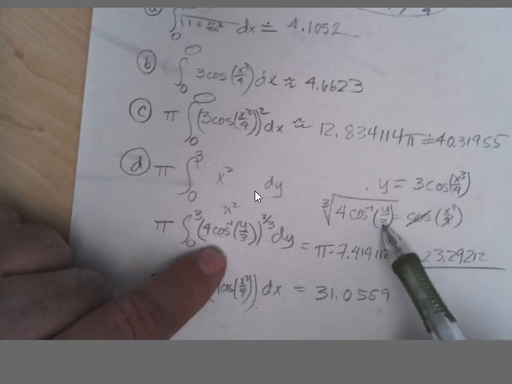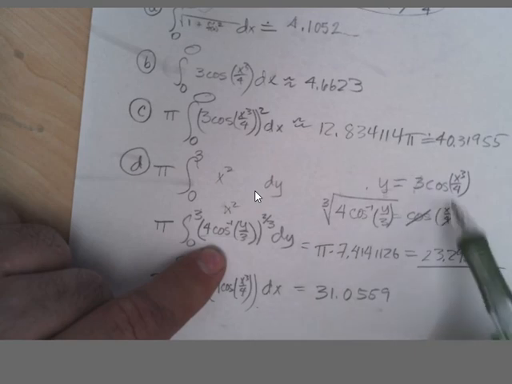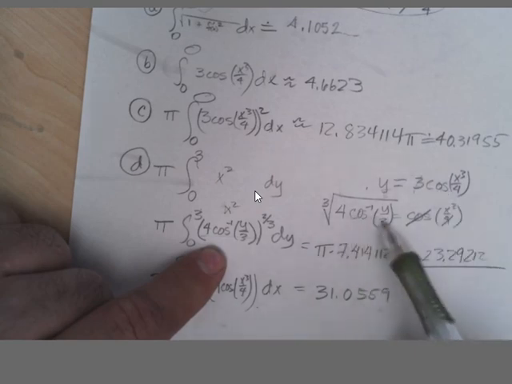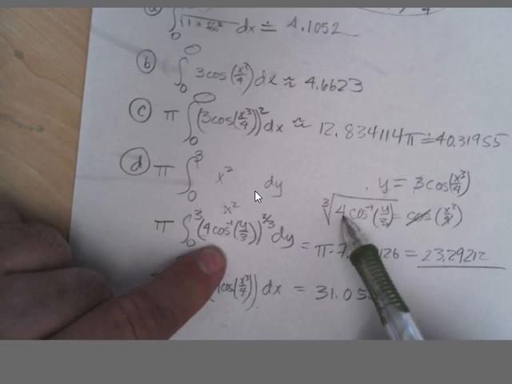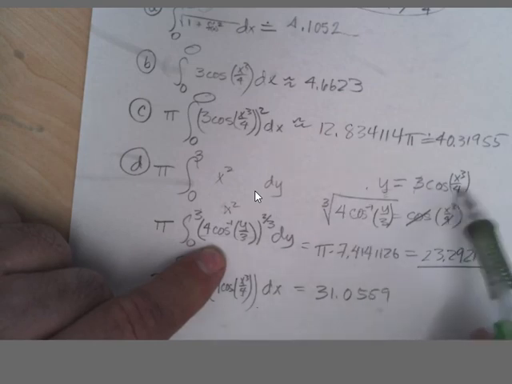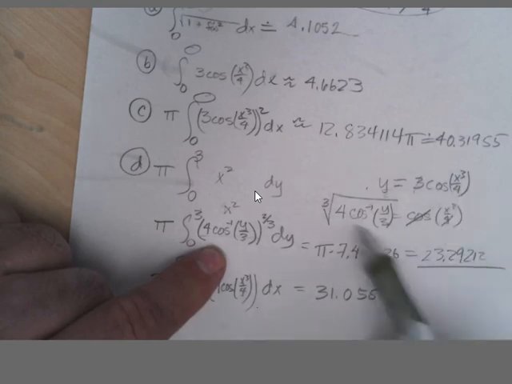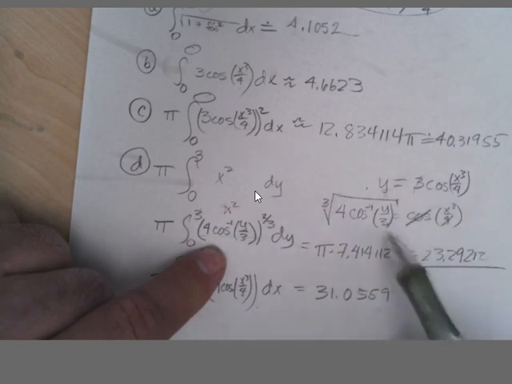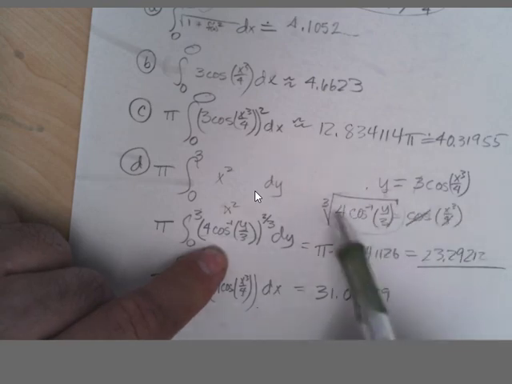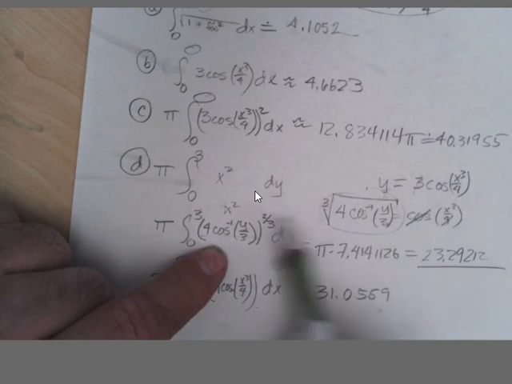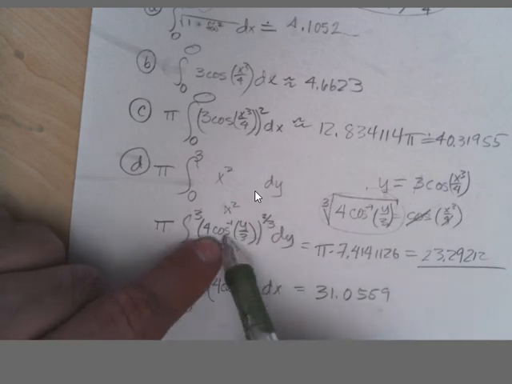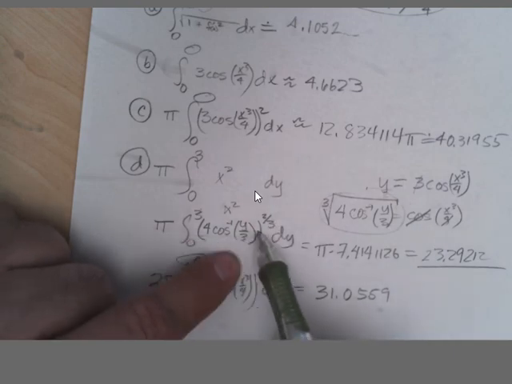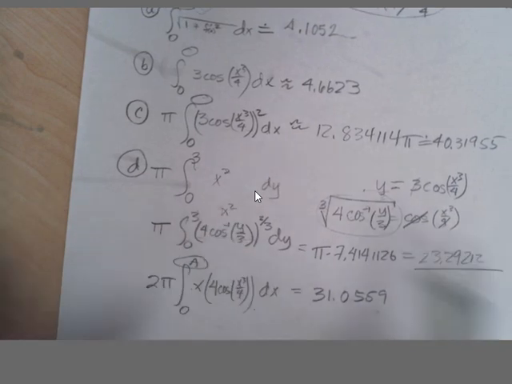So divide by 3 to get that out of there. Do the cosine inverse of y divided by 3, and then that would leave x to the third over 4, multiply by 4, and then take the cube root, and then I've got to square this. Cube root is 1/3, squared is 2/3. 4 cosine inverse y over 3 from 0 to 3.